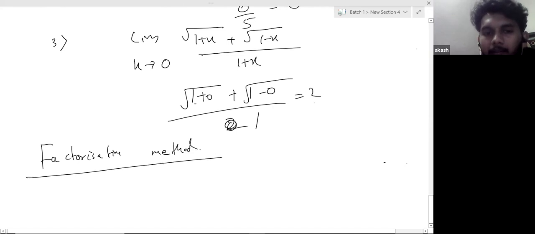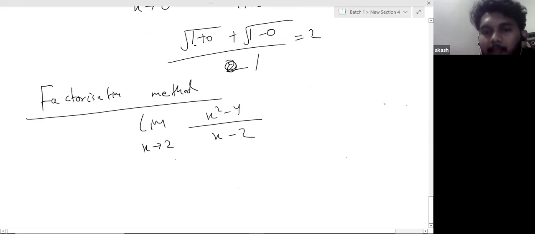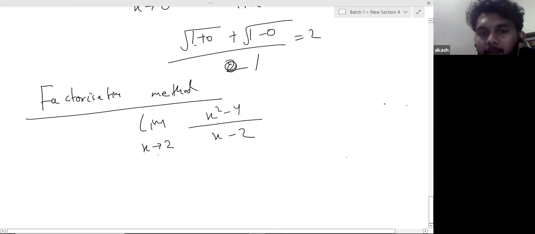All right. If you face any question like limit x tending to 2, x square minus 4 upon x minus 2. Gautam, can you put x equals to 2 here, direct substitution, and tell me what you're getting? Sir, 0. All right, let's see. If you put x equals to 2, this is 2 square minus 4 upon 2 minus 2, so 4 minus 4 upon 2 minus 2.